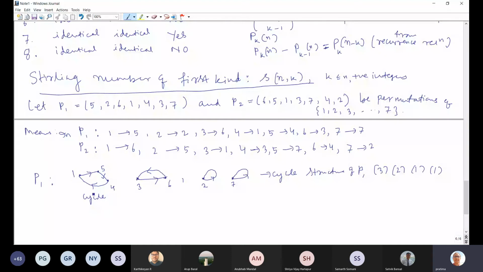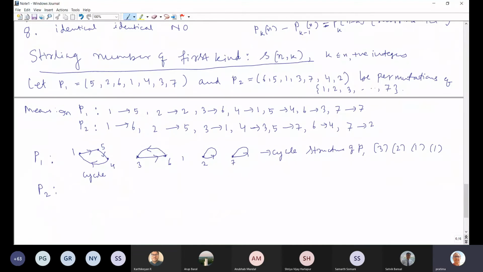Similarly, for P2 we can draw its diagram. Here 1 goes to 6, 6 goes to 4, 4 goes to 3, and 3 goes to 1. So this forms a cycle in P2.